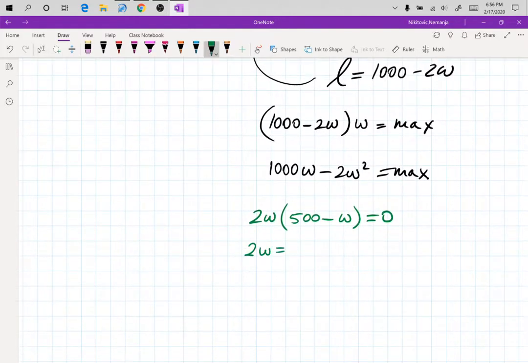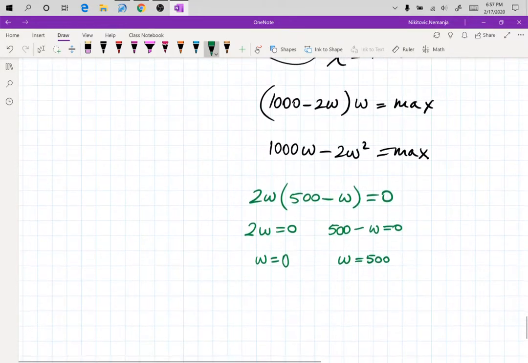Your 2W equals 0 is W equal 0. And 500 minus W equals 0 is W equal 500.